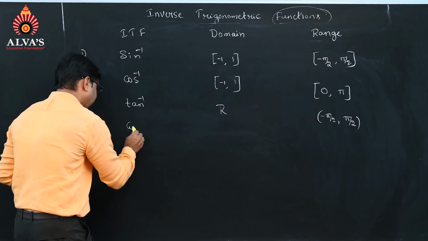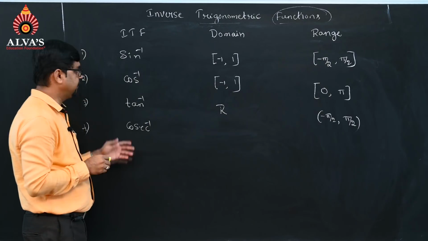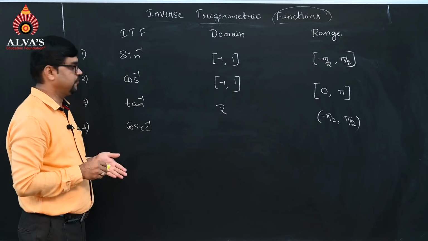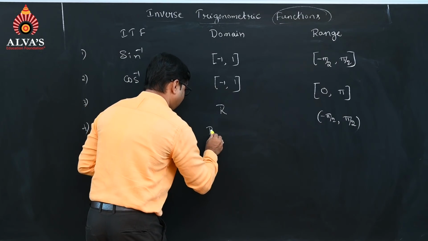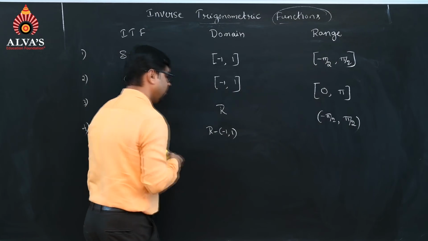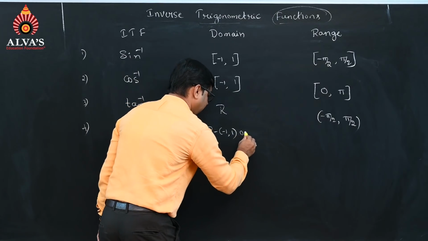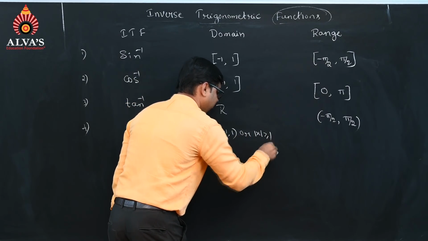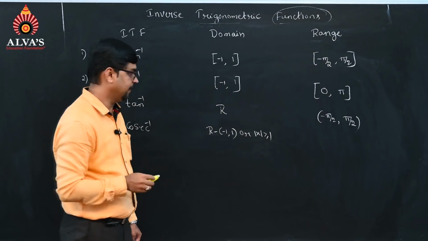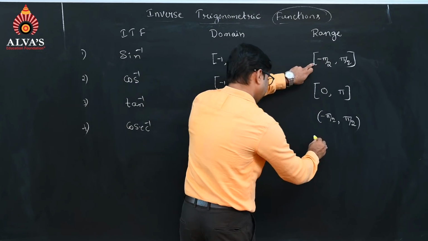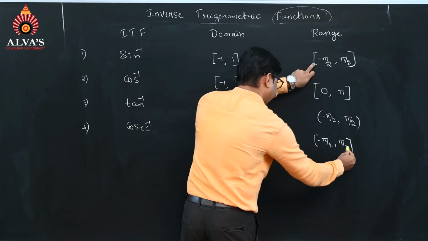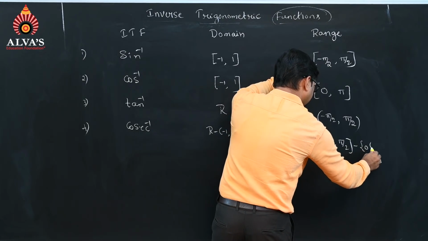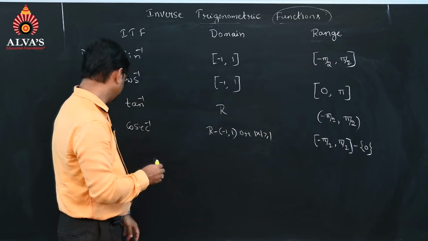Fourth one, we will take cosecant inverse, which refers to the first one, sine inverse, and its domain is R minus the open interval -1 to 1, or else you can symbolically write mod x greater than or equal to 1, and the range, which is similar to this, is -pi by 2 to +pi by 2 except the angle 0.